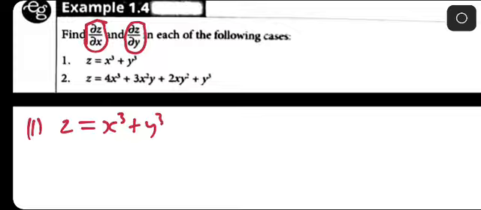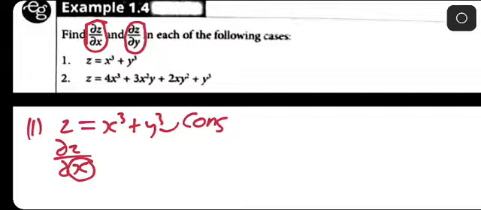So we should find the partial derivative of z with respect to x. This will be equal to what? Remember, with respect to x, guys, x will be a variable. We'll consider y as a constant.